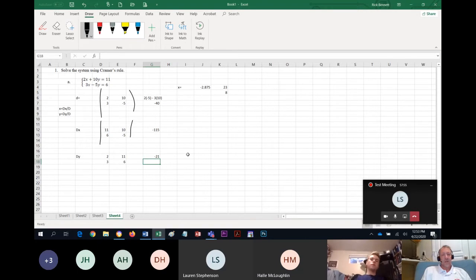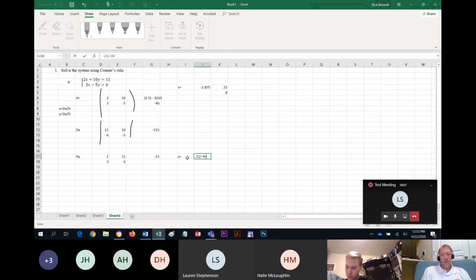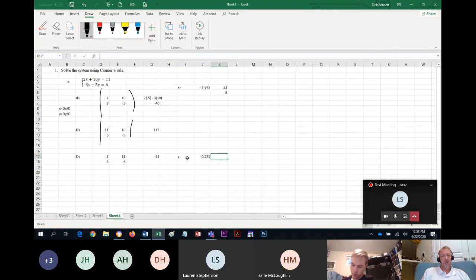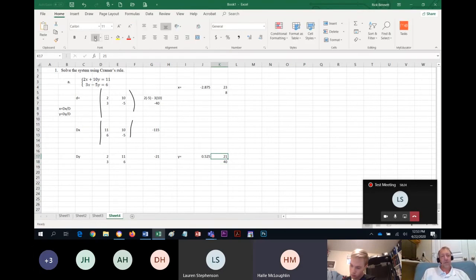So in this case, y equals -21 over -40, which is 0.525, or I'd probably just leave that the way it was. I'll get rid of the negatives though. So 21 over 40. I'd probably just leave that as a fraction. So 23 over 8 and 21 over 40.